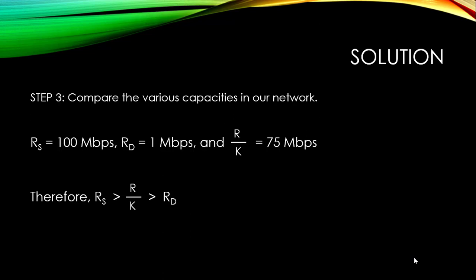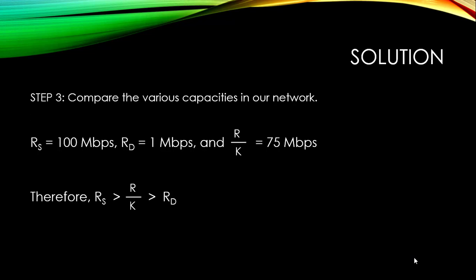So now we come to step 3. We're going to compare the various capacities in our network. We'll recall that we have our capacity link for the source is 100 megabits per second. Our capacity link for the destination is 1 megabit per second. And the shared capacity, as shared out over k number of destinations, is 75 megabits per second.